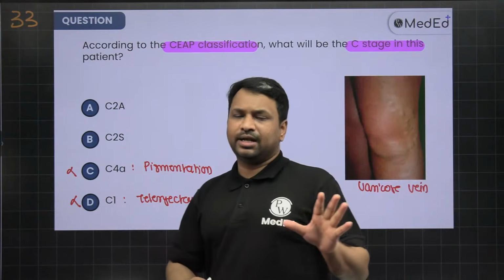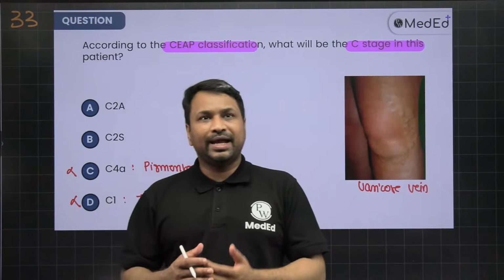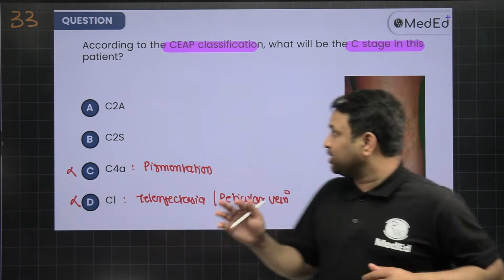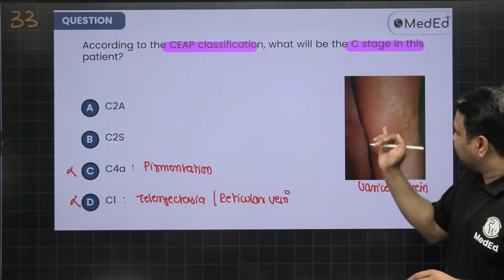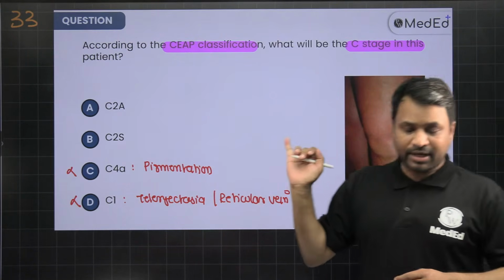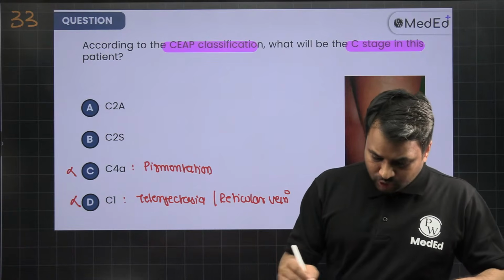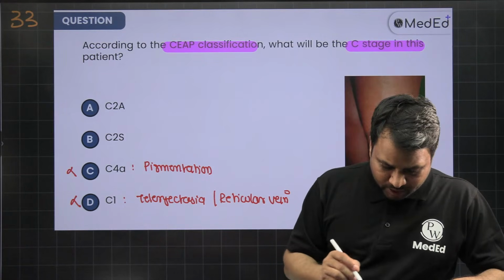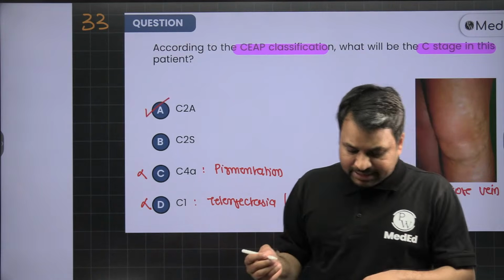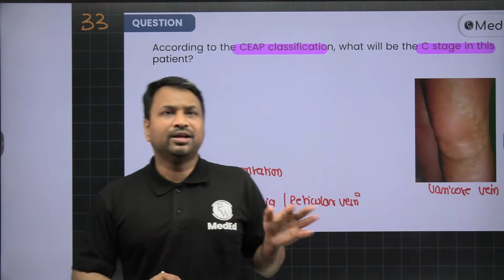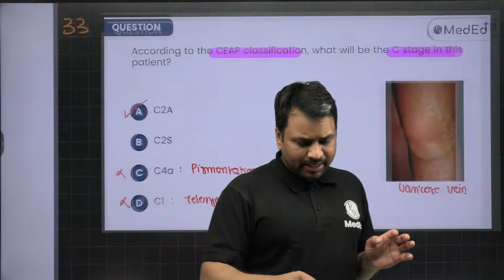It's a C2 disease. The medial side is going to be the great saphenous vein. The lateral side is going to be the short saphenous. So the lateral side which is present here is going to be C2a, and the medial side is going to be C2s. That's the abbreviation that is given. So C2a is going to be the answer.